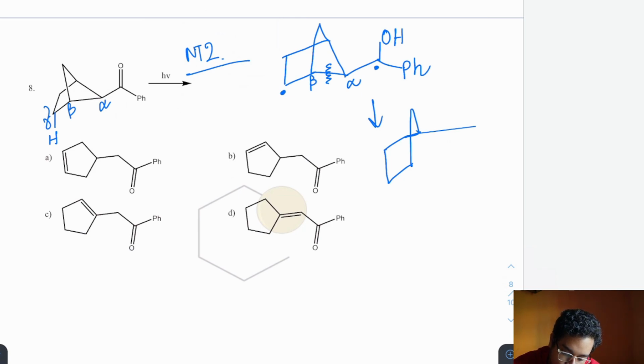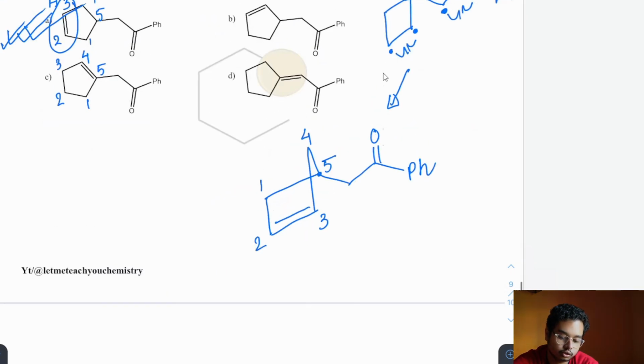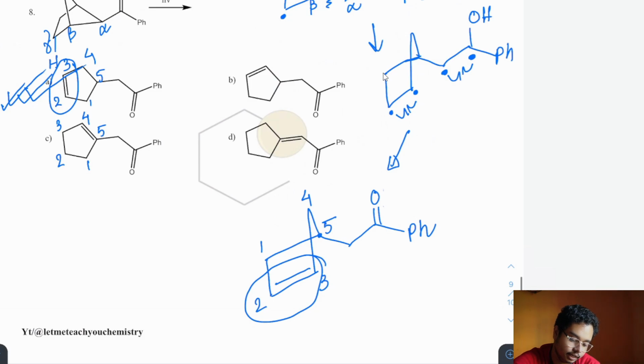And now you have to find here: 1, 2, 3, 4, 5. So the 2, 3 bond is there. So that means this will be the final option A. A is correct. So thank you for attention.